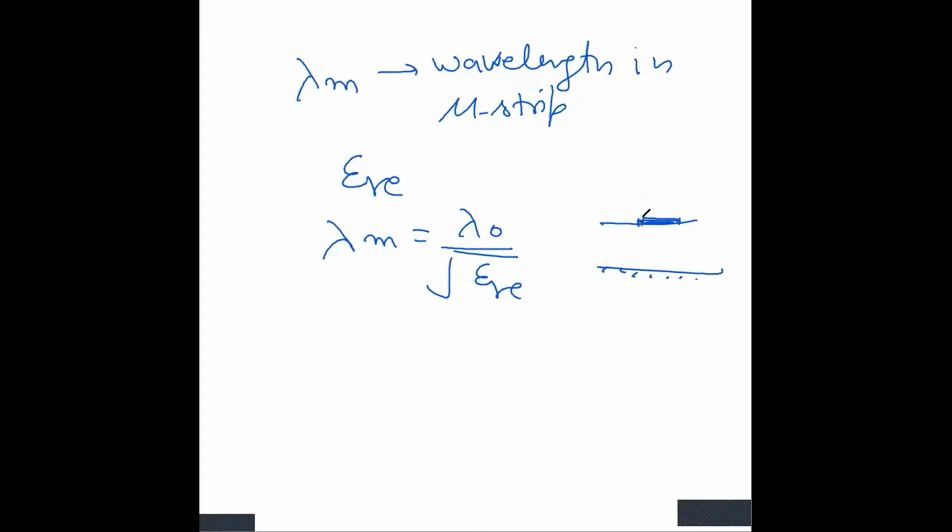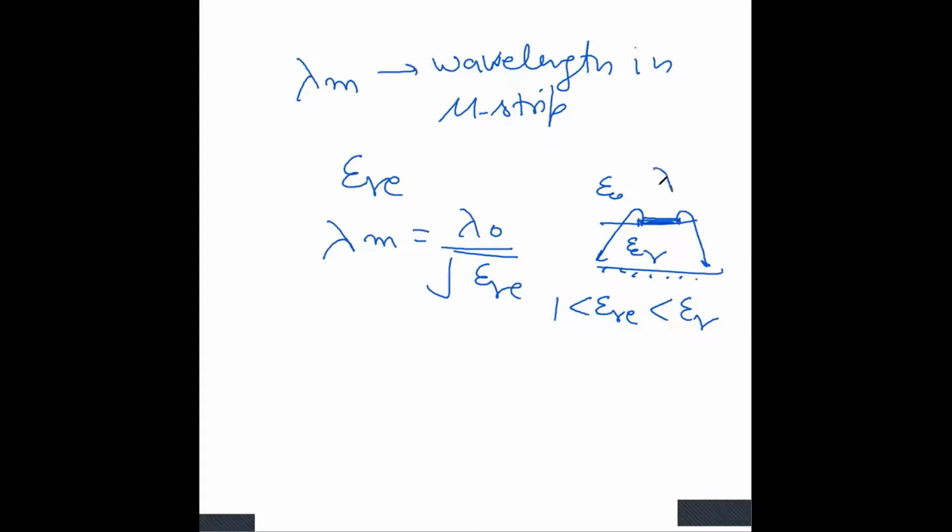Some of the electric field lines are in the air as well as in the material. So the permittivity of the air is epsilon naught and the permittivity of the material is epsilon R. So that is why we require a term epsilon R effective. This value is in between the value of epsilon naught and epsilon R. This is the effective permittivity.